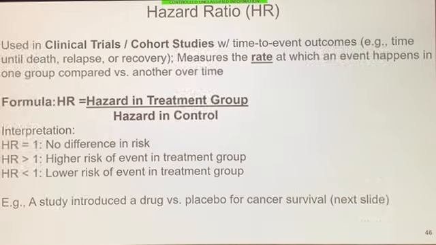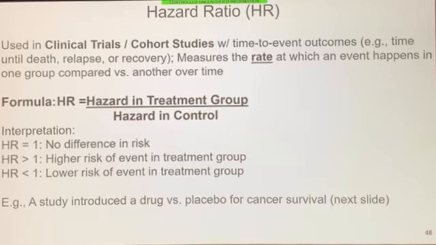All right, the last metric that we're going to talk about, hazard ratio, is used for time to event studies, so time to relapse, time to death, time to recovery.